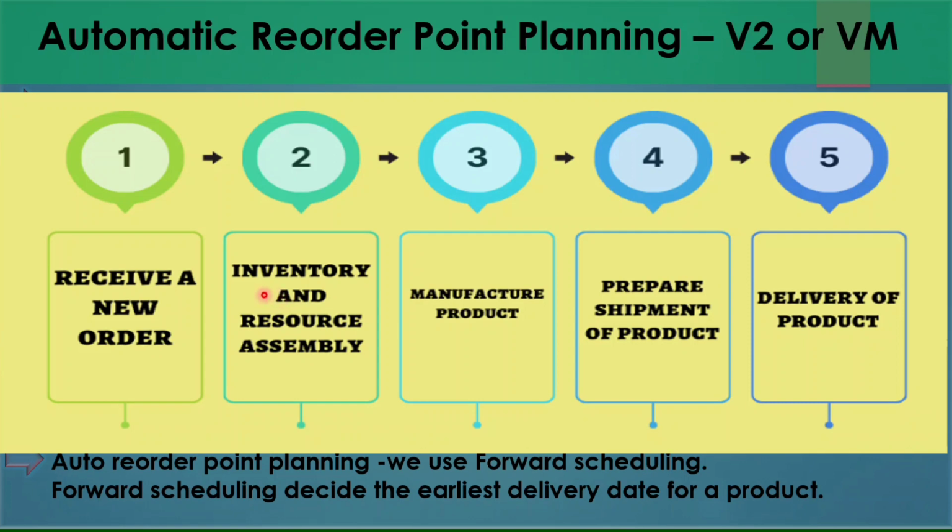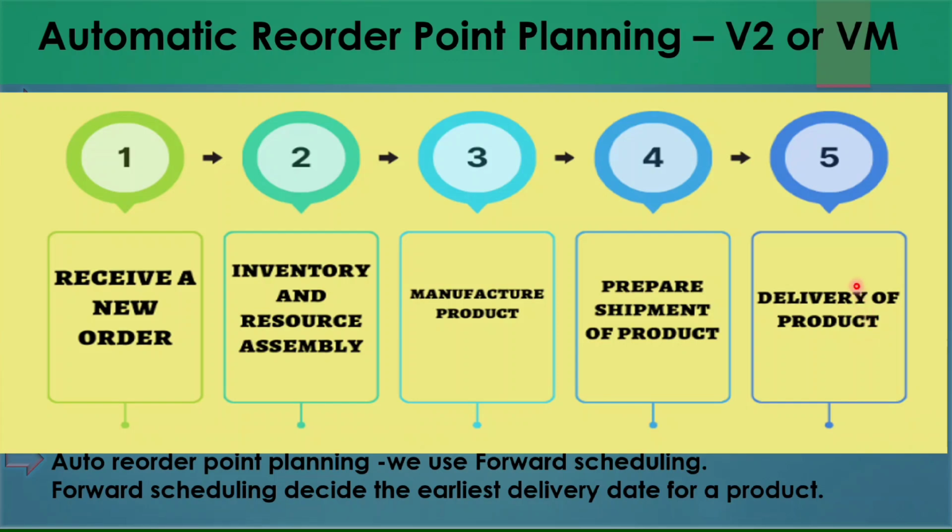Why am I covering forward scheduling here? Because the next MRP type depends on backward scheduling, so you must have a clear idea about forward and backward scheduling. I will cover backward scheduling in the next MRP type, but now just an overview.